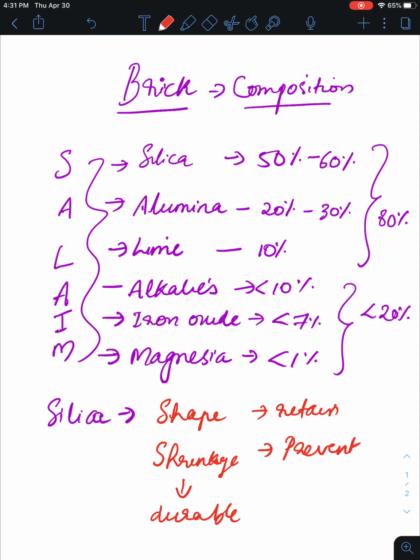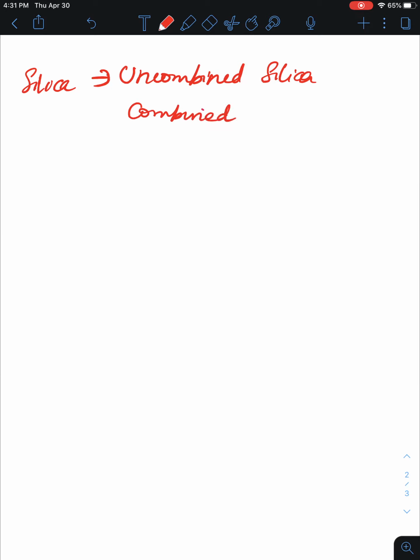Then we have to discuss the excess. If silica is more, silica can exist in uncombined form and combined form. Combined form means it will be combined with alumina.